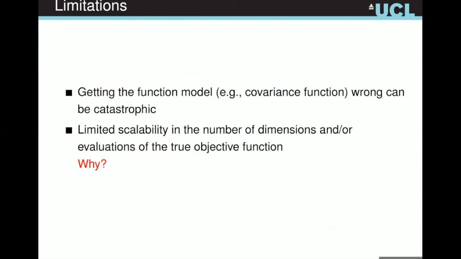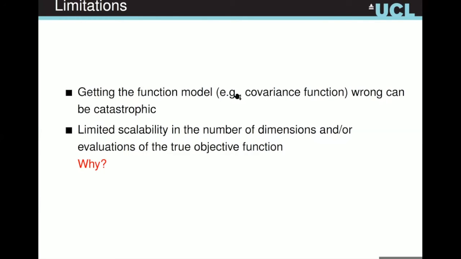We discussed yesterday how to do model selection with Gaussian processes. Finding a good covariance function or maybe a good mean function is valuable, and getting it wrong can lead to catastrophic failures. I'm going to show you an example later of how different covariance functions can make a big difference in Bayesian optimization.